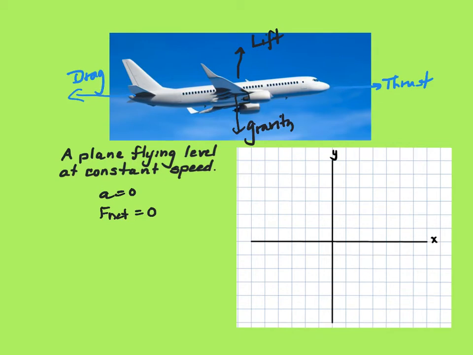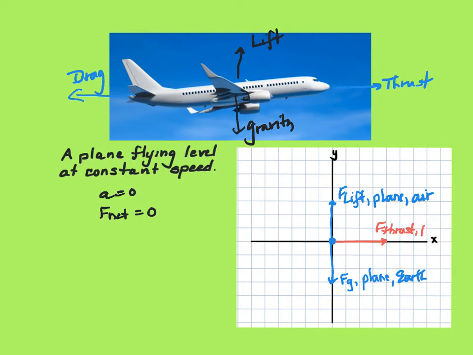Okay, so we've got our plane. We've got the force of gravity on the plane by the earth. And then we have an equal force upward. That's our lift on the plane by the air. And then we've got a force to the right here. That's our thrust.